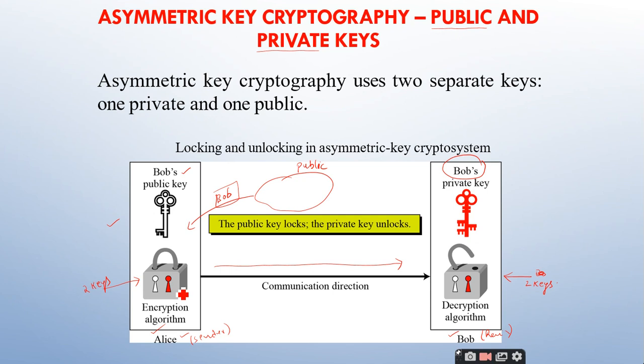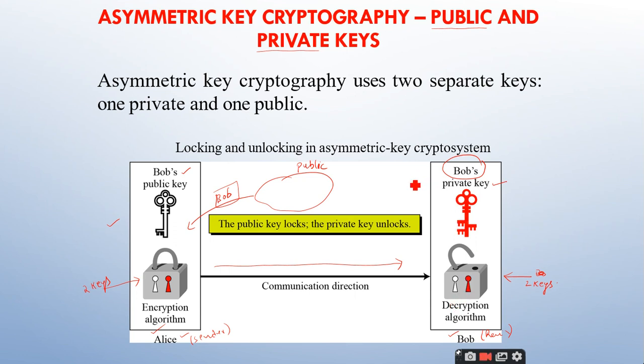Once the encrypted data is with Alice, she will send it through the communication channel, and once the encrypted data has been received by Bob, what does he have to do? He has to use his private key to decrypt it. Clear?